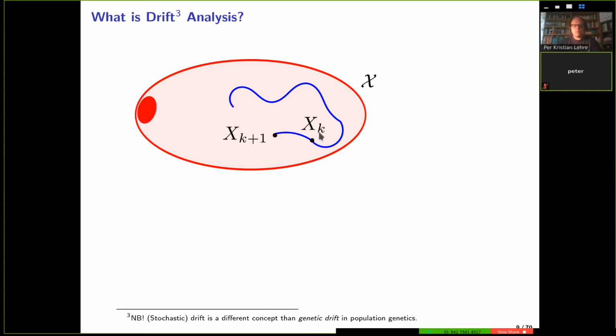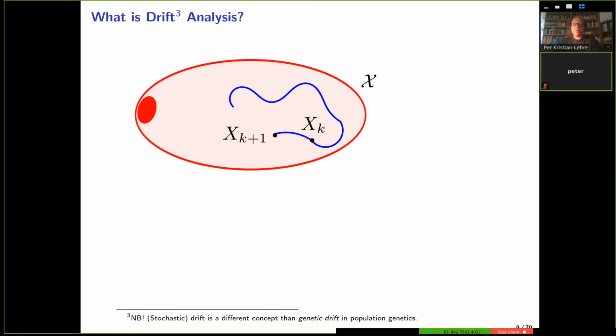For example, after generation k, the algorithm does something and then it moves in the state space. This is some kind of abstract space, and often we want to figure out how long it takes to get into a particular region of the state space, for example, those states where we have an optimal solution in the population.